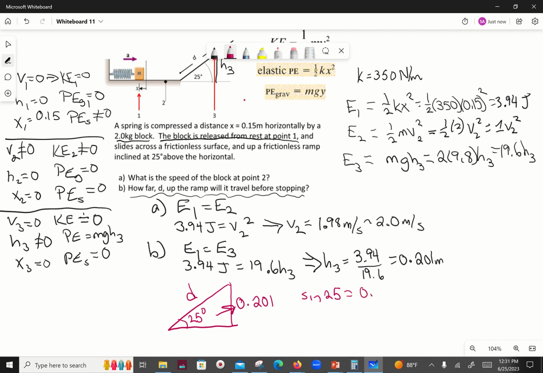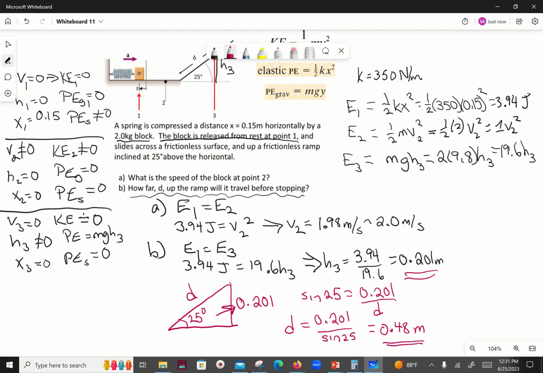So it's 0.201 over D. So D is equal to 0.201 divided by sine of 25, which gives me 0.48 if I round it to 2 significant figures, 0.48, and it's a distance, so it's in meters.